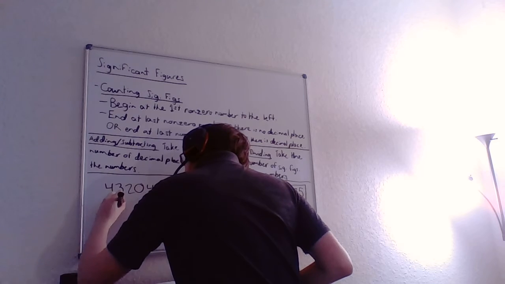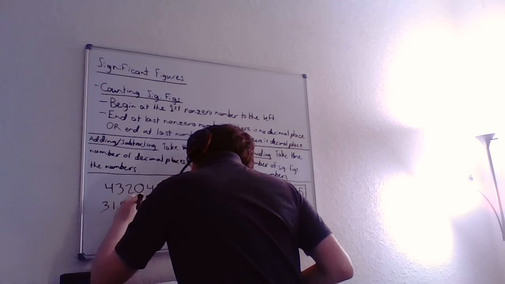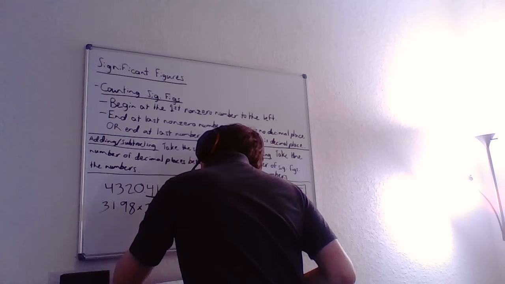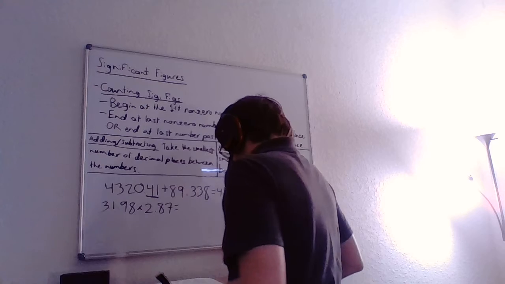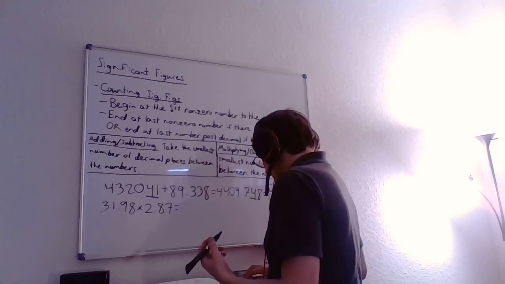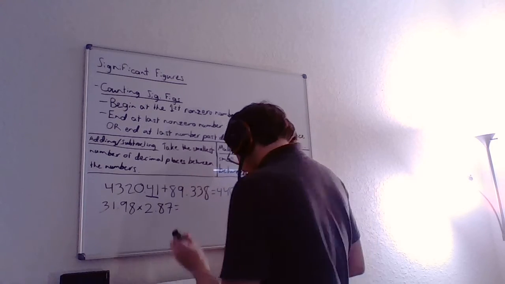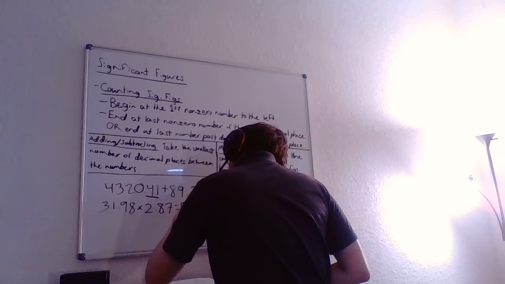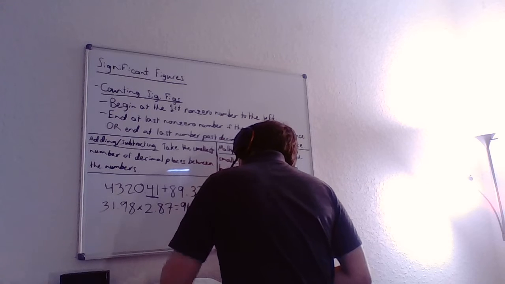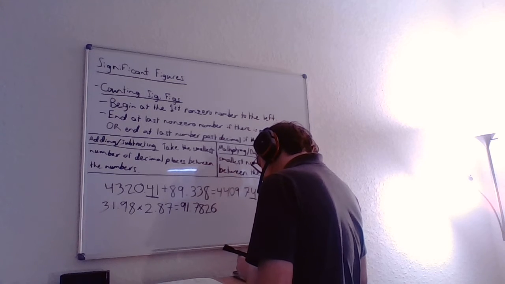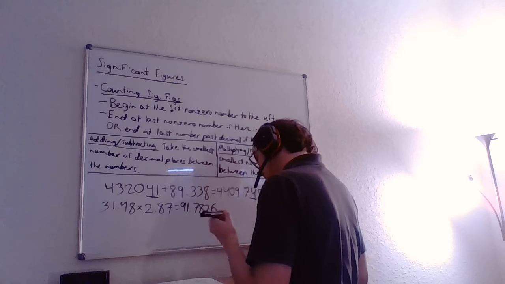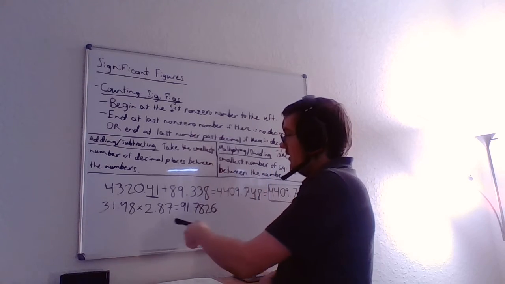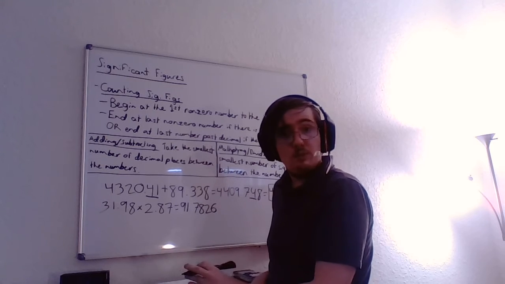Now let's say instead we were multiplying two numbers. We have the number 31.98 times 2.87. First off, we start with multiplying them. Now I got 91.7826. Now, because this is multiplication and division, you're going to count up significant figures, not decimal places.